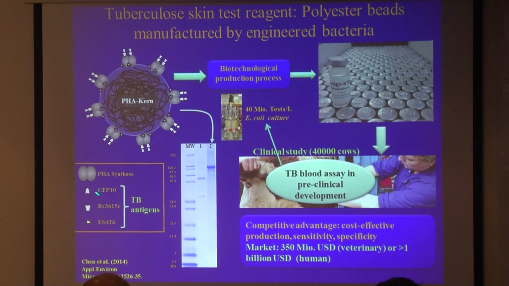Now taking almost the same bead prototype into the blood assay. There is an interferon gamma release assay, which is a second tier, more specific assay for cattle TB, but that's the equivalent for humans actually. It's all equivalent.